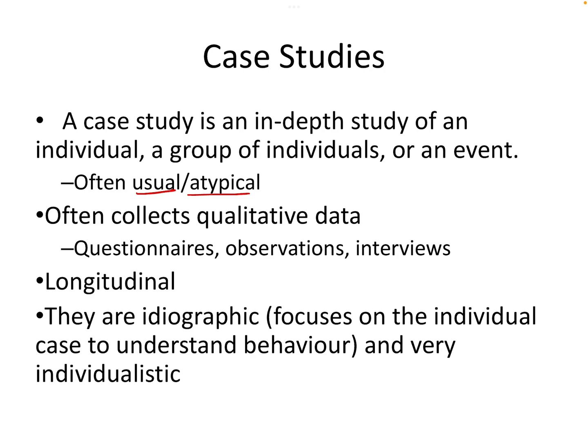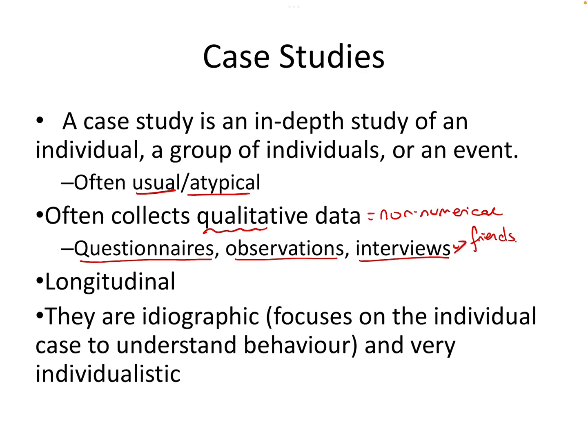They often involve the collection of qualitative data. So this is data that is non-numerical, i.e. it's collected in words, descriptions. So some examples of investigations that might lead to qualitative data could be questionnaires, observations of the individual's behaviour, or interviews. And these could be carried out on the individual themselves, or this could be on their friends.